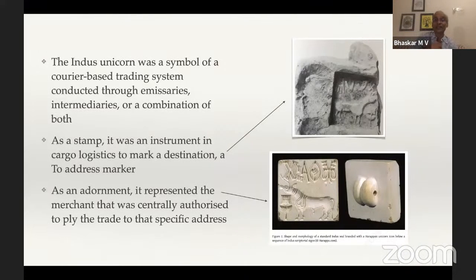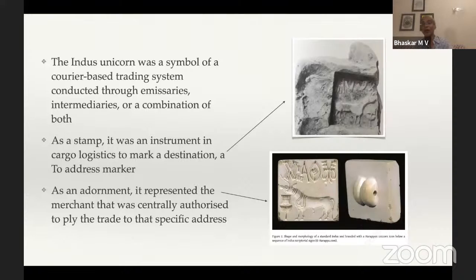Here, in an ancient system, when we talk about a courier, we are talking about a personal carrier who is a direct emissary of the producers of the goods, or the producer of the goods themselves. They go carrying the goods, and the unicorn was a symbol of such a courier-based trading system conducted through emissaries, sometimes also through intermediaries, because it involved a long distance from Harappa to Uruk in Mesopotamia, which is, I think, 3,600 kilometers.